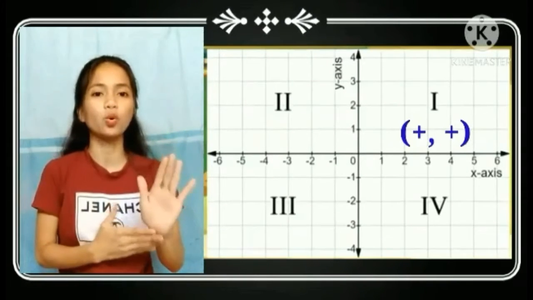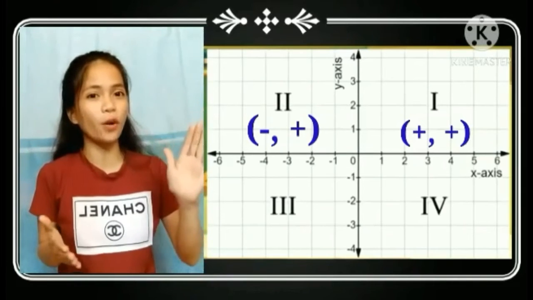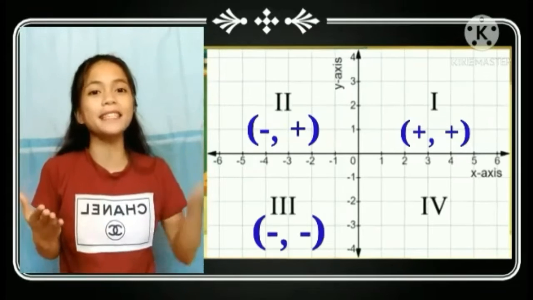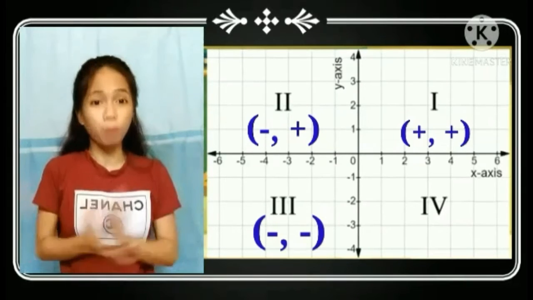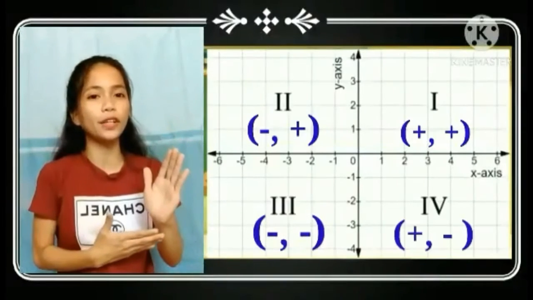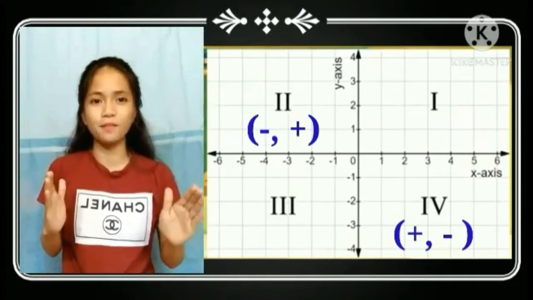In quadrant 2, the x-coordinate is negative and the y-coordinate is positive. In quadrant 3, the x and y coordinates are both negative. And in quadrant 4, the x-coordinate is positive and the y-coordinate is negative.